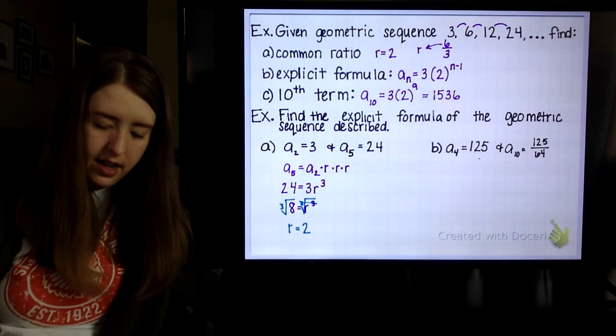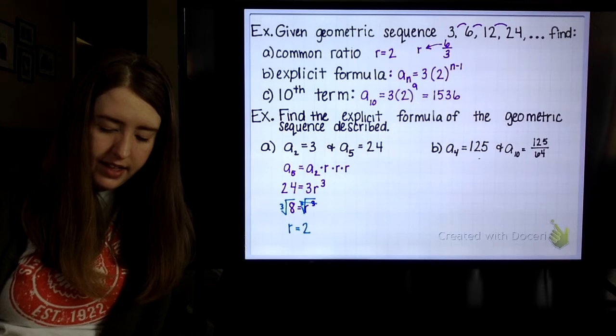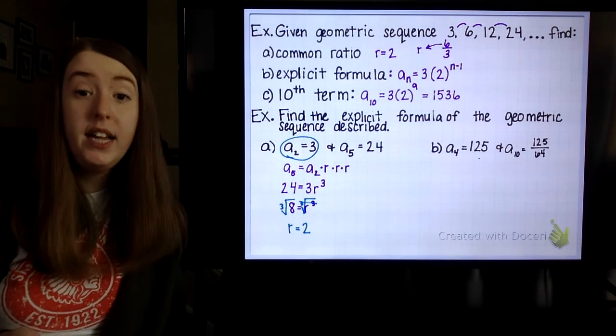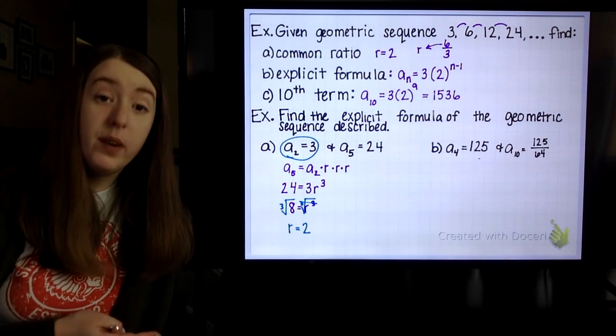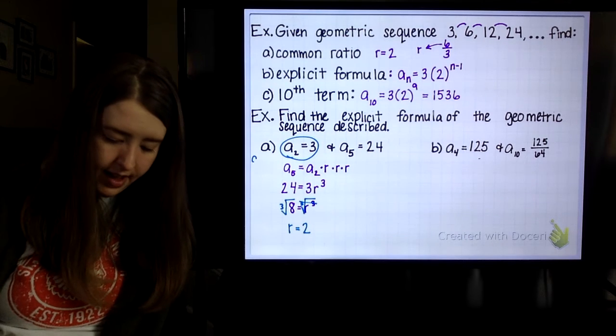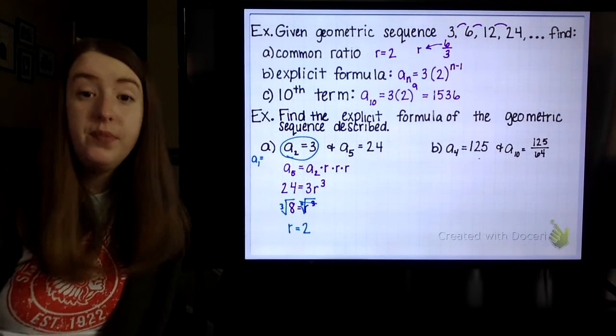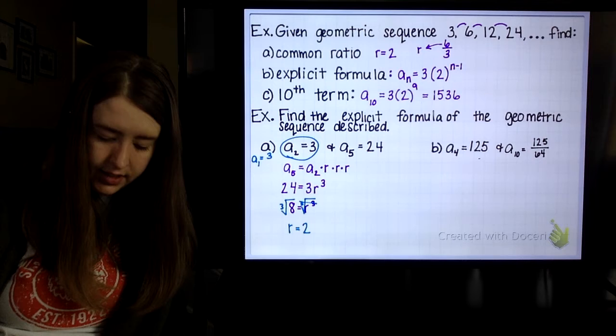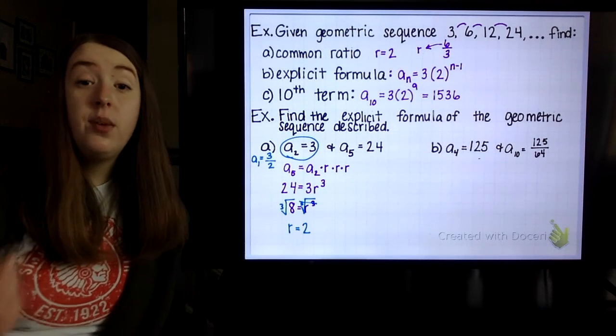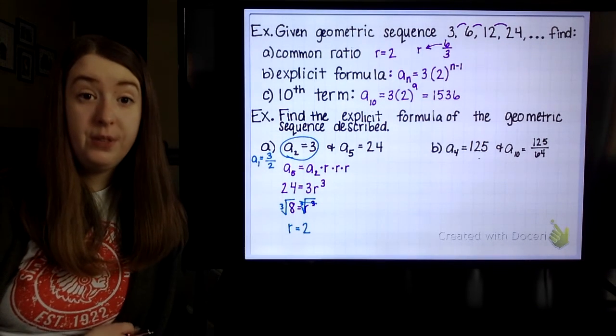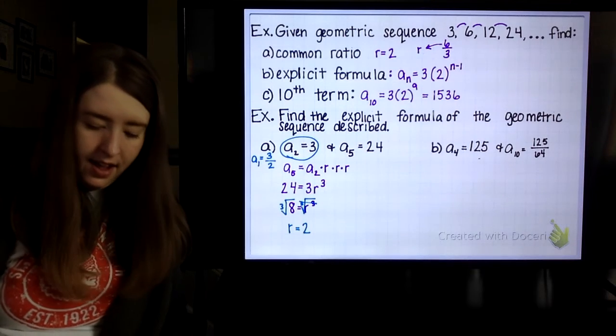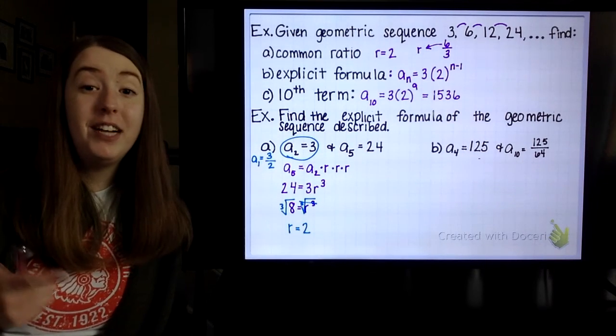All right. Now, if a sub 2 was 3, to go backwards to get a sub 1, I need to divide by 2. So I'm going to take 3 divided by 2. So a sub 1 is 3 over 2. Woohoo! All right, we got our first term, we got our common ratio.